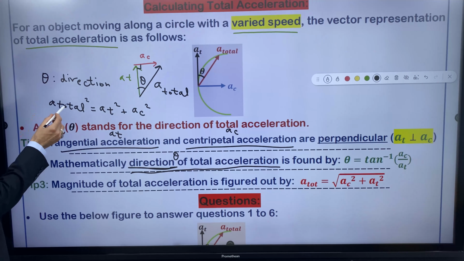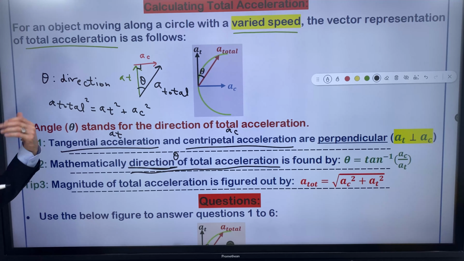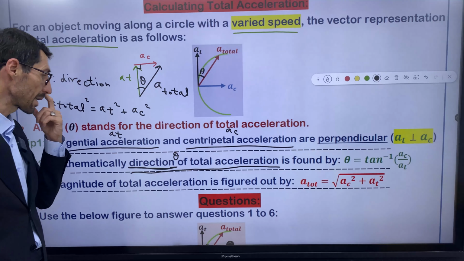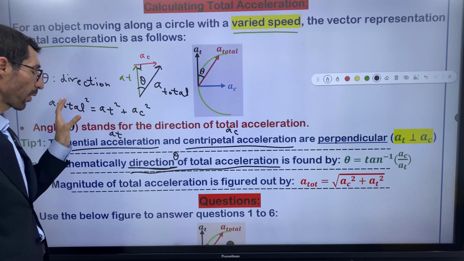The square root cancels the power, and the right side is put under the square root, like this equation. A total is equal to radical AC squared plus AT squared. This is called the Pythagorean theorem, right?